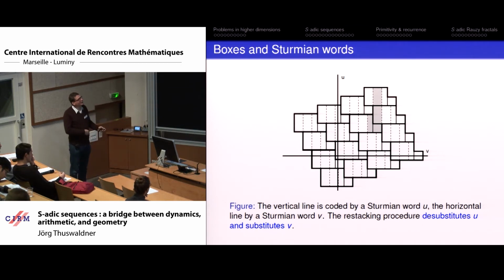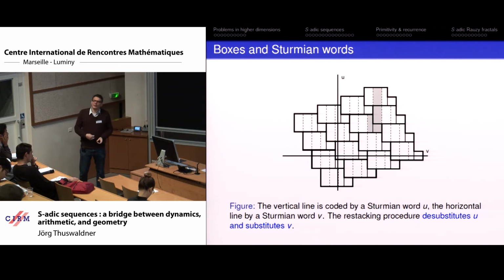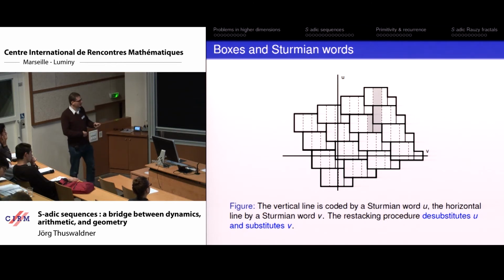But this is made up for when you go right: you win something, because the rectangles became thinner, you hit boundaries more often, and so this is substituted. This is desubstituted by a substitution. This is substituted. So you don't lose the substitution. This mapping from pairs of Sturmian words to pairs of Sturmian words is bijective, contrary to the map defined by the coding process, the desubstitution, where you lost something. So again, we made something bijective.